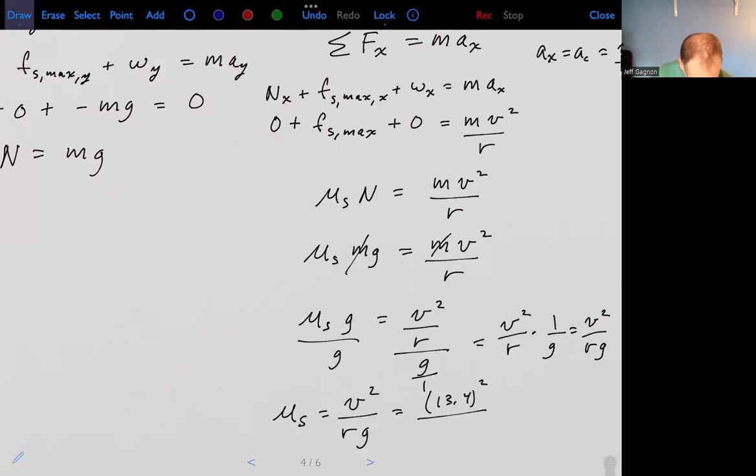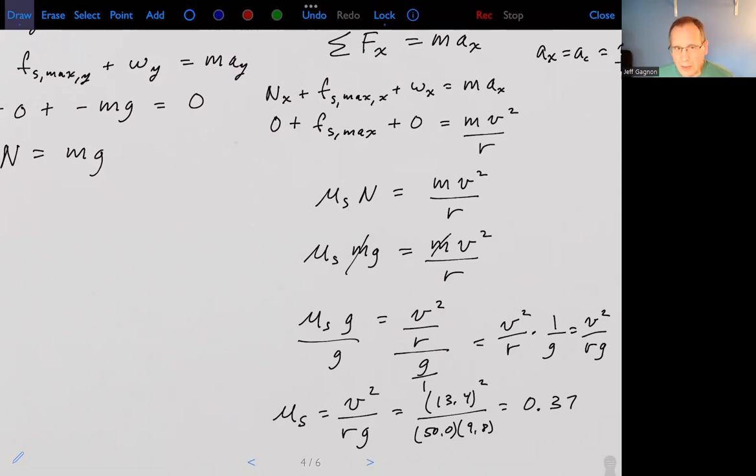The radius was 50. And then g, of course, is 9.8. And if you work that out, you're going to find that this is 0.37. Remember, there's no units, right, for the mu's. So the coefficient of static friction between the road and the tire is around 0.37, okay?